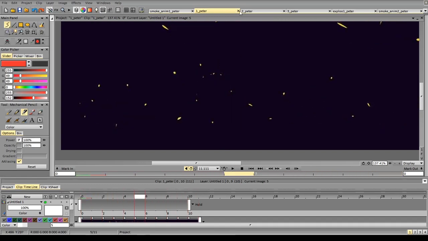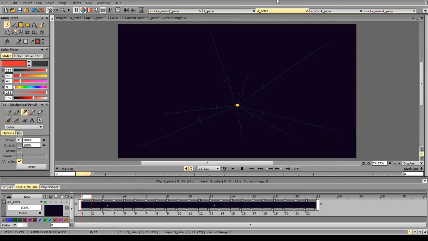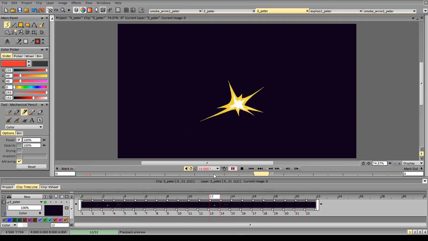So let's look at the next one. So next sparks. So we have this animation and it looks quite nice. I would probably make it even faster, something like 15 frames per second.